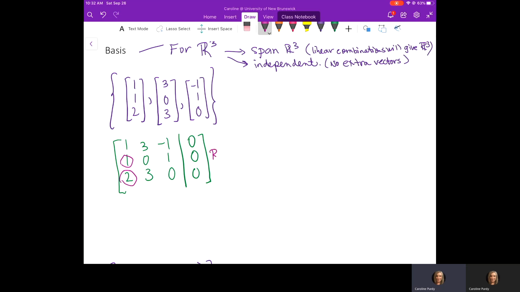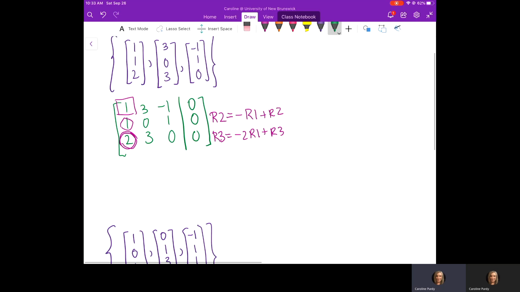So we've got a 1 in row 2. We always take the pivot, that 1, multiply it by -1 and add row 2. So we'll do that. And then at the same time, this is a +2, I would need the 1 to be a -2. All right, so let's go ahead and do these steps.